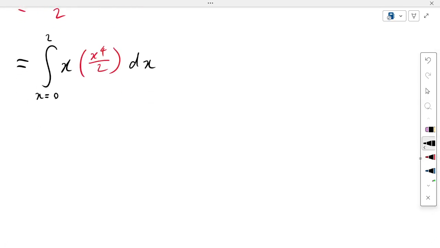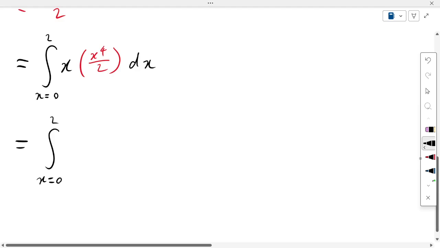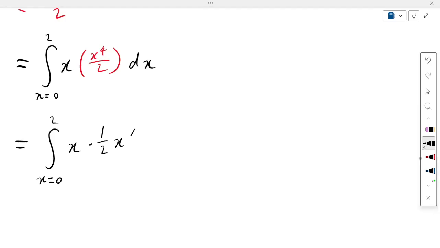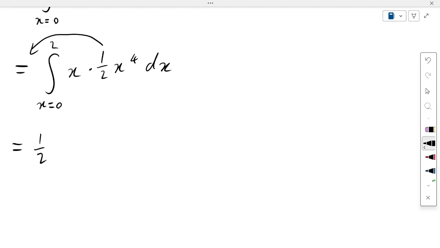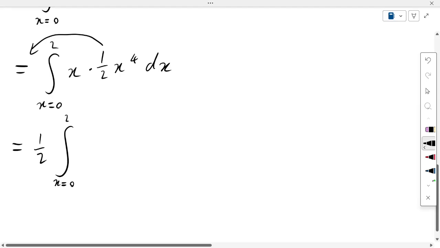Well, we can clearly simplify. We have the integral from x equals 0 to x equals 2 of x multiplied by a half times x to the power of 4 with respect to x. Because we have a constant, we can take the constant out. Then this will be equal to a half integral of x equals 0 until 2.